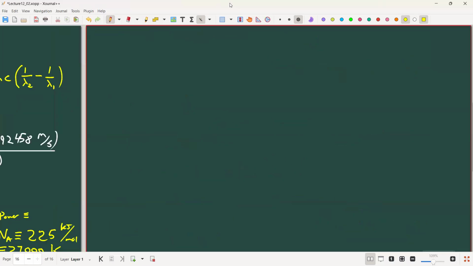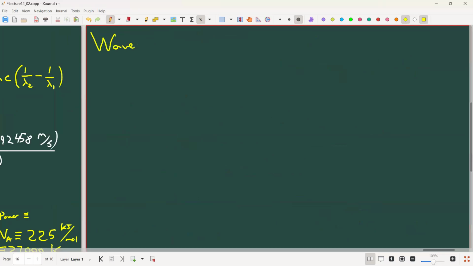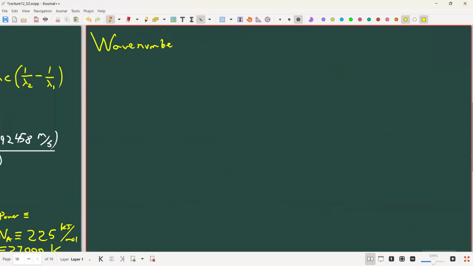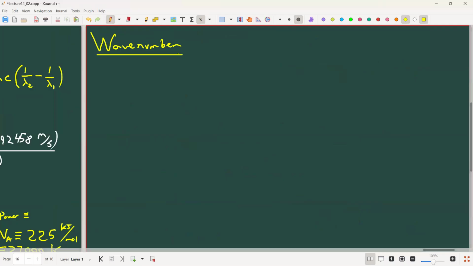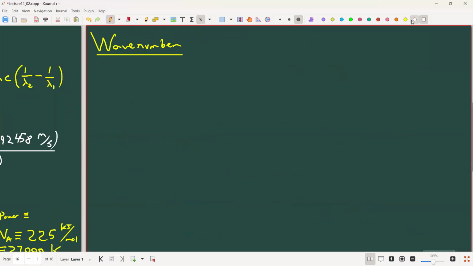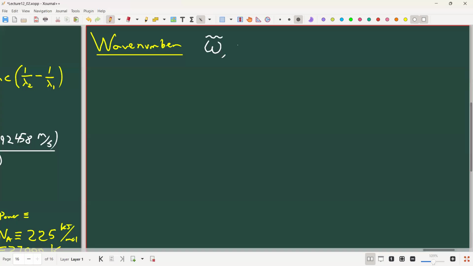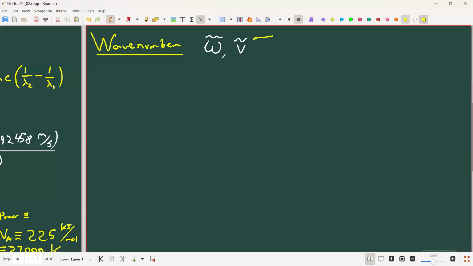The final unit I want to talk about for spectroscopy is the wave number. I usually use two different labels, either omega squiggly or nu squiggly. Anytime you see a squiggly, this means wave numbers.